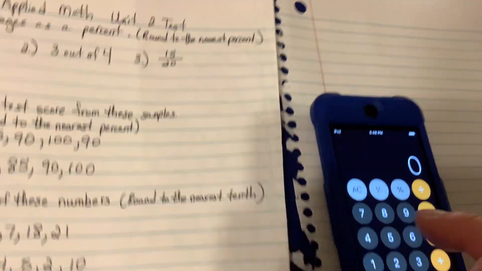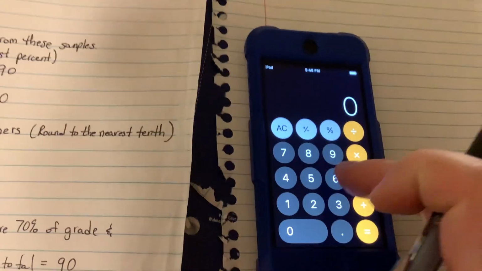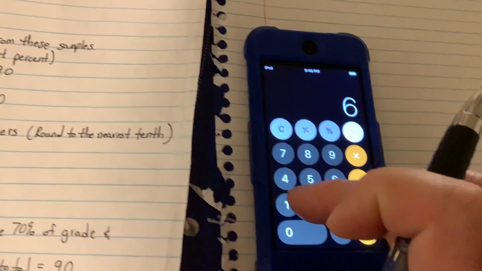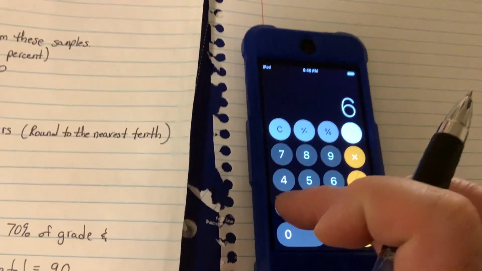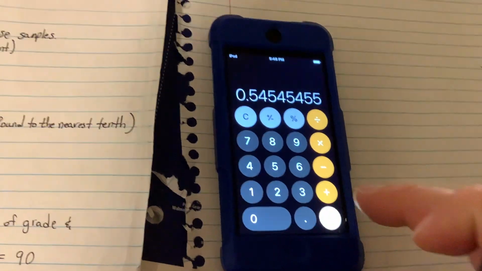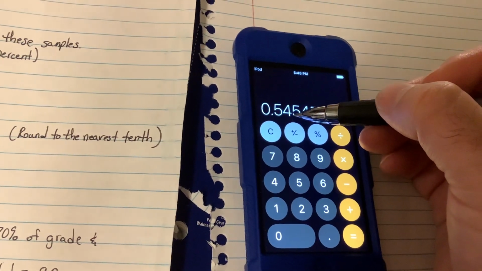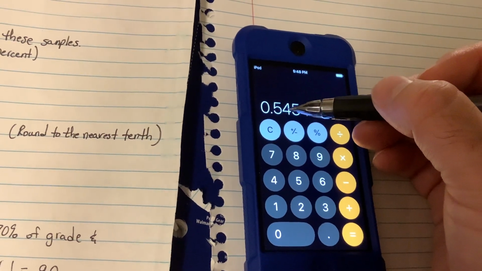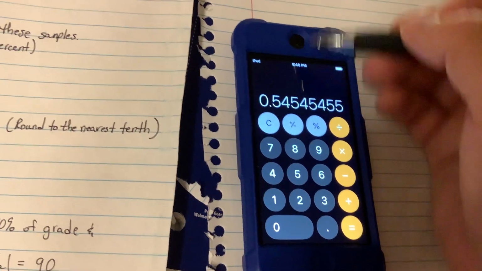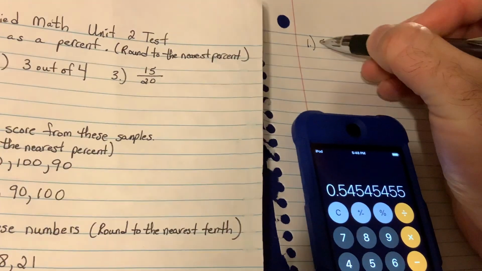6 out of 11. So 6 divided by 11. And I think I put round to the nearest percent. Yep. So round it. So move it twice and round it to the nearest percent, which means this goes up to a 5 because that's a 5, so it's 55%.